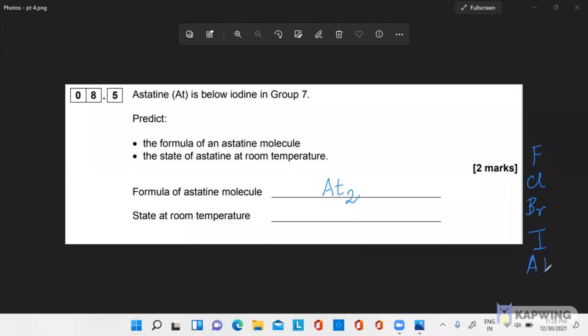As we know, when we are moving down the group, from top to bottom, the state of the element goes from gas to liquid and then to solid. Since astatine is at the bottom of all the elements in group 7, for that reason, astatine at room temperature will be in solid state.